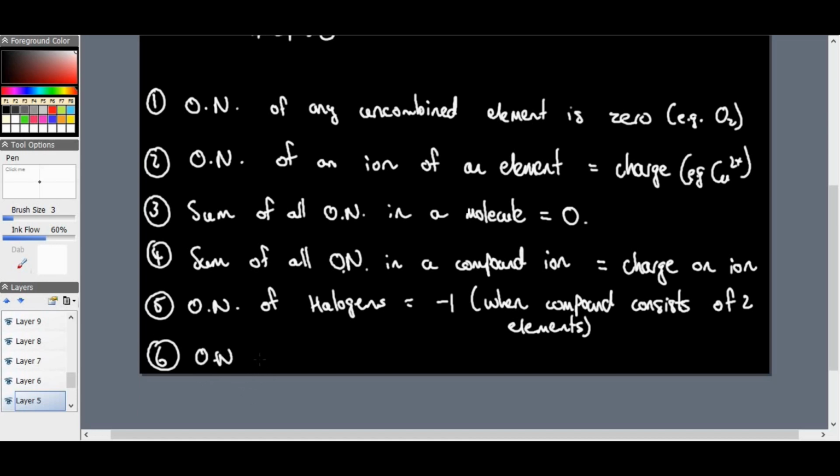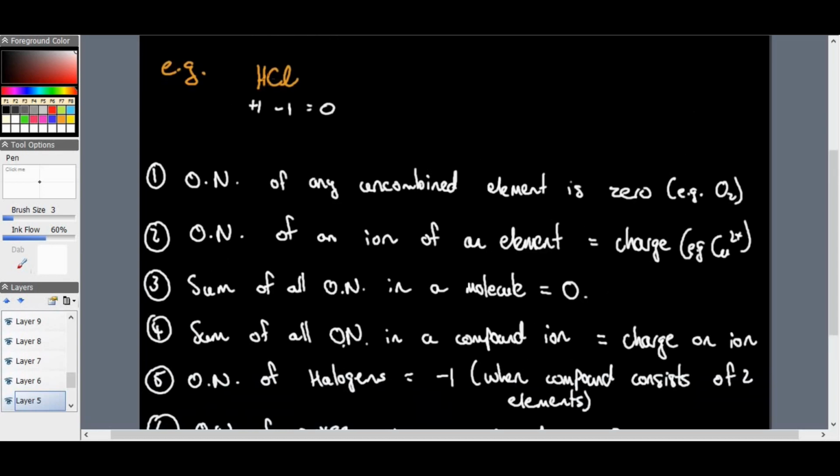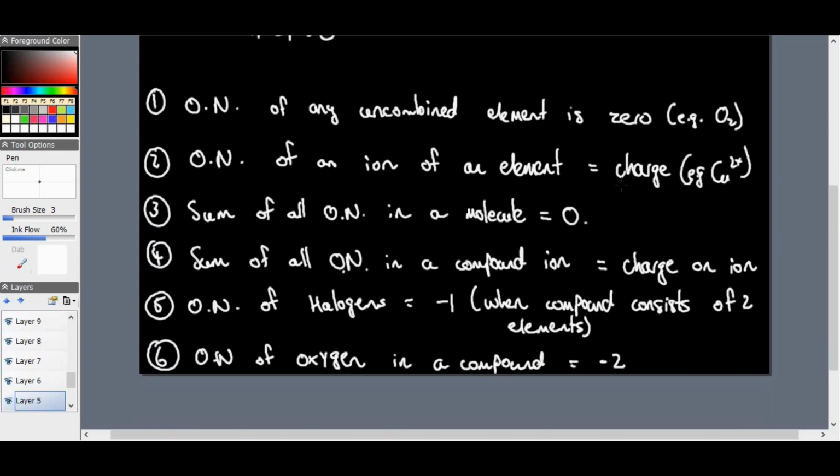Oxidation number of oxygen in a compound. So when oxygen is bonded to anything else, the oxidation number in a compound is nearly always equal to -2. And then the last rule, the oxidation number of hydrogen in a compound is nearly always +1, which, as we saw here, hydrogen there is +1. But I would say 6 and 7 kind of go without saying, but of course, 1 to 5 are the most important ones.